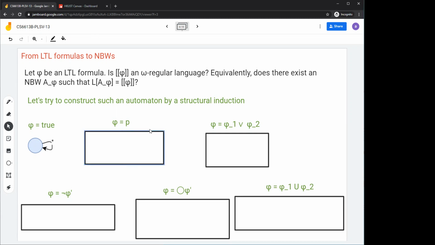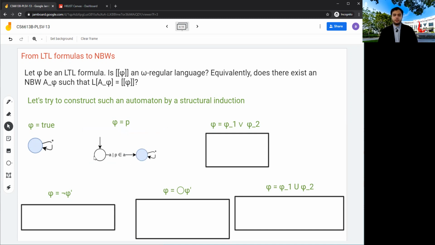Then it will be 2 states. Yes, exactly. So you just start here, and the only condition is that in your first letter, you have to have P. And as soon as you had that, you don't care about the rest of the string. But if you don't have P in your first letter, then there's no transition, so it just rejects.